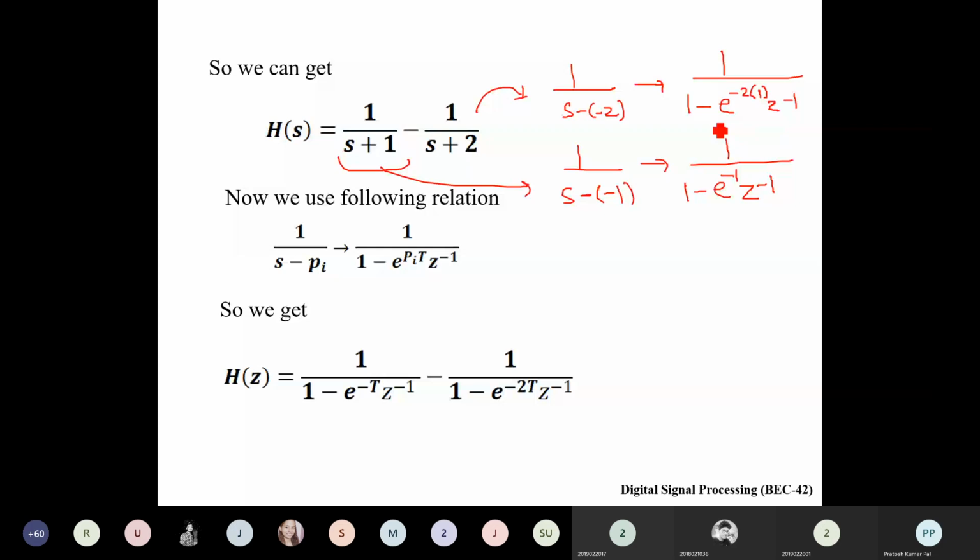So after writing this, after multiplication, we will find out finally H(z) will be given by this term.